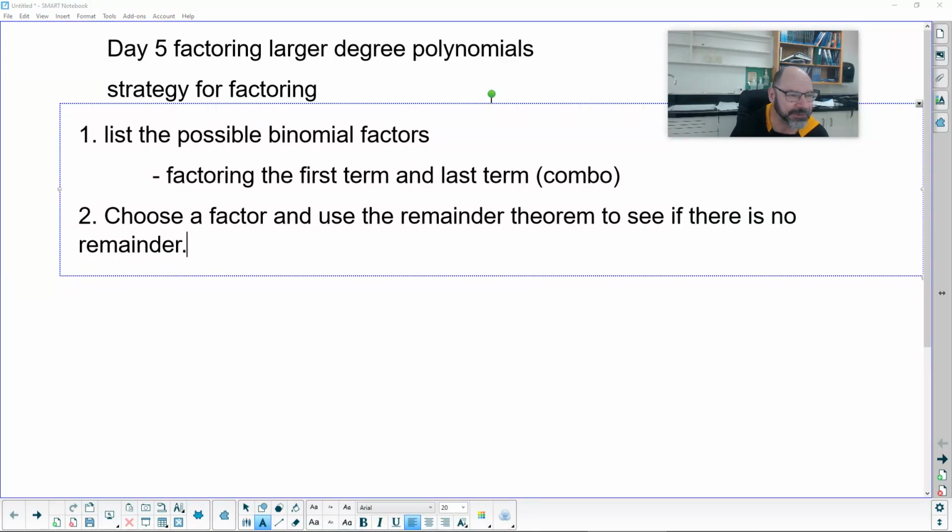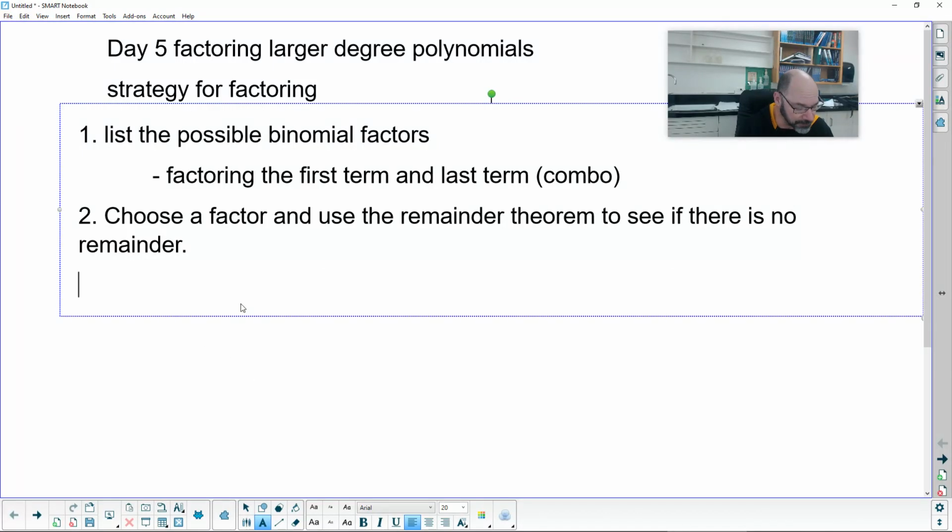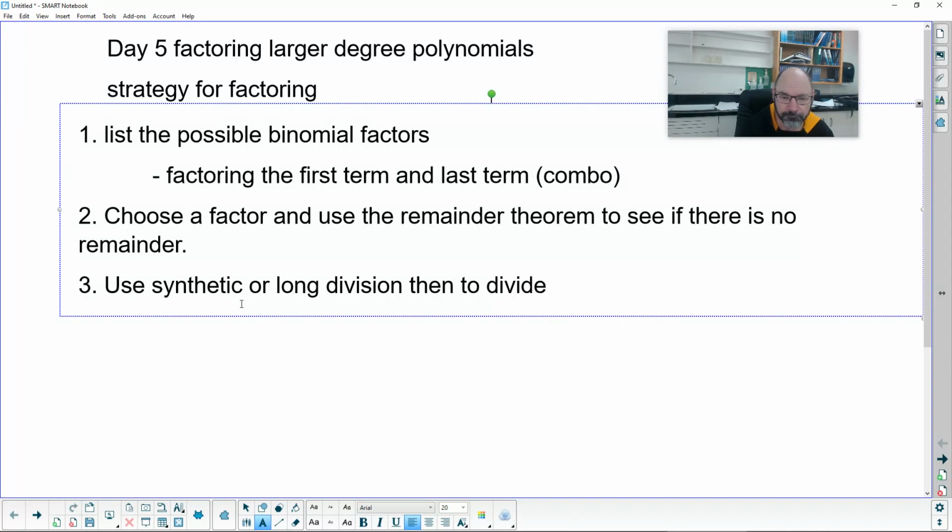If that is the case, then we are happy and proceed. We use synthetic or long division then to divide out a factor. We'll just say a factor, because we don't need to say successful factor: if it's a factor, it was successful, if there's no remainder.